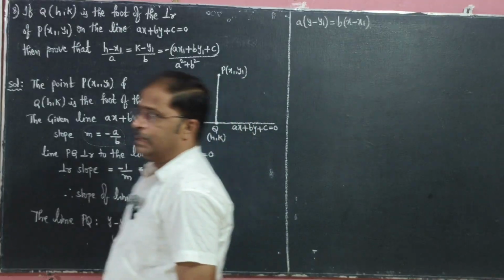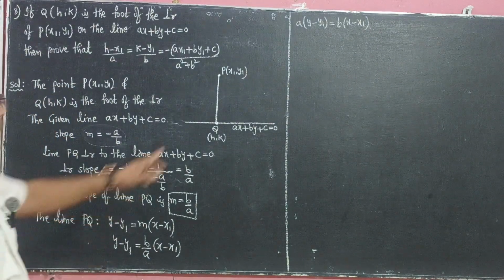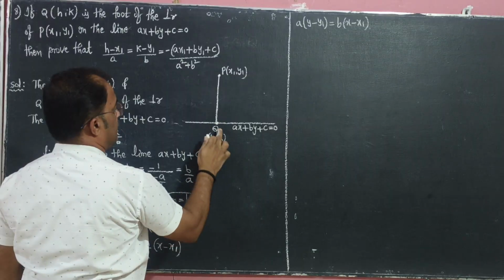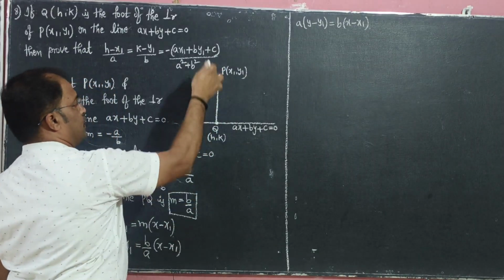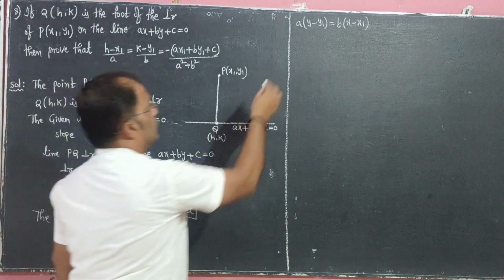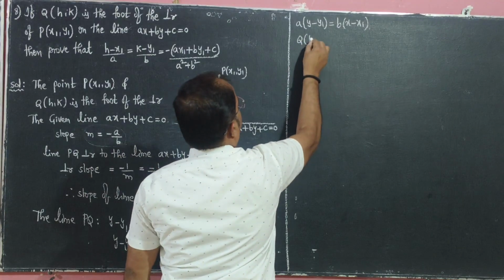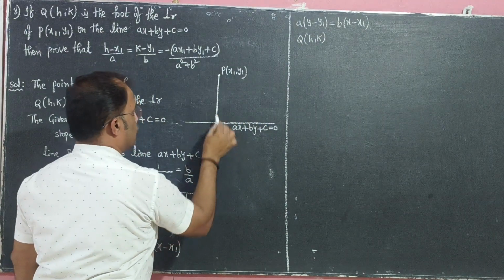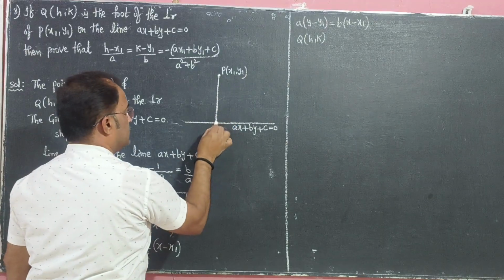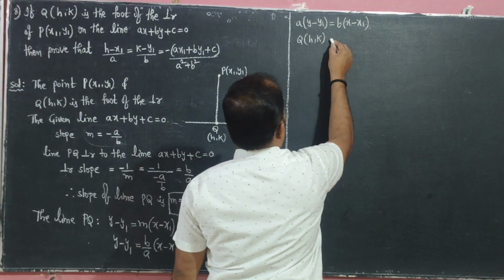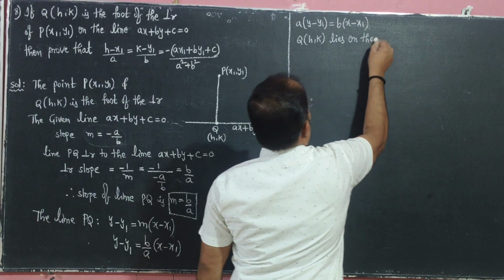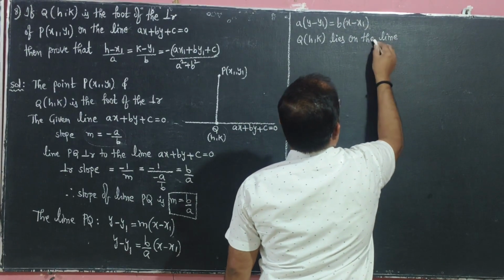This is line PQ. See, the point Q lies on the line PQ. Q(h, k) is the point, and this Q point lies on this line, right? So Q(h, k) lies on the above line.